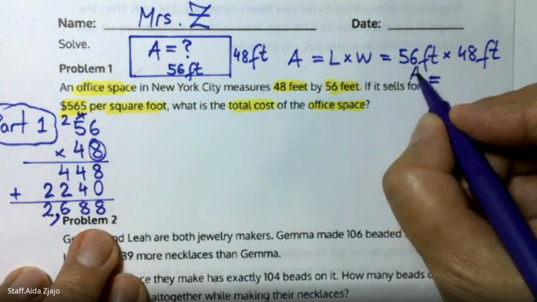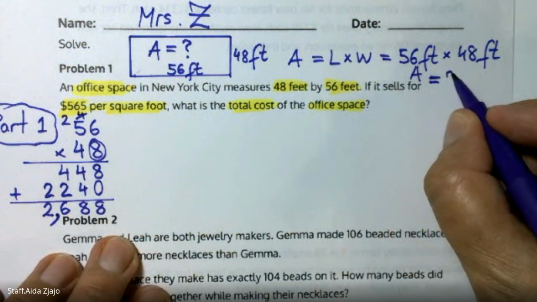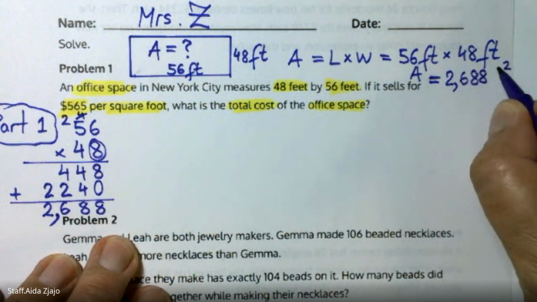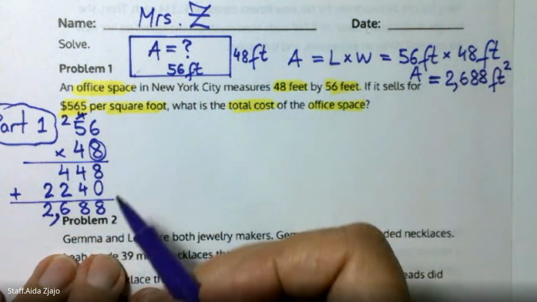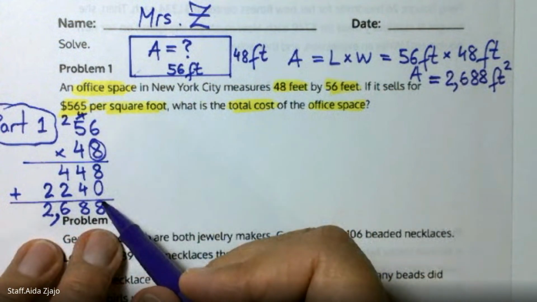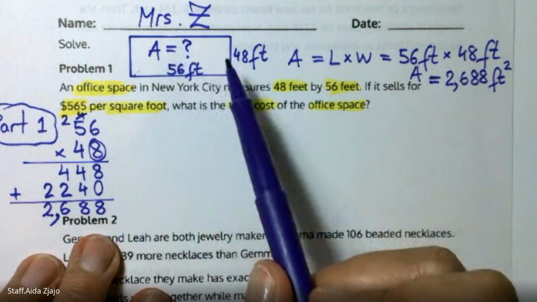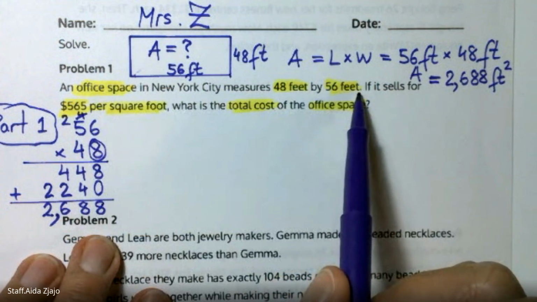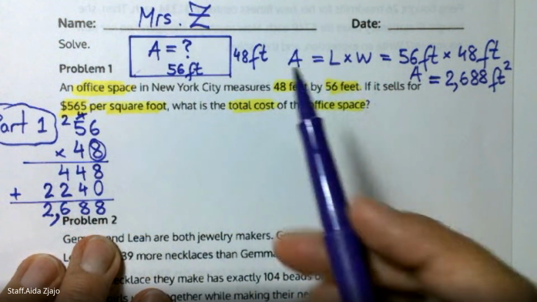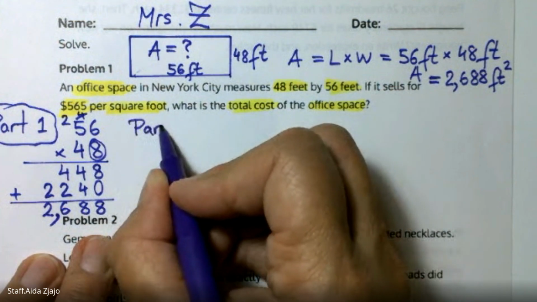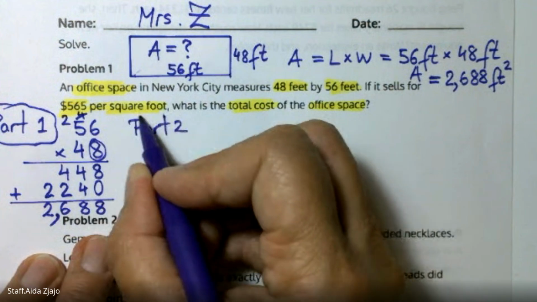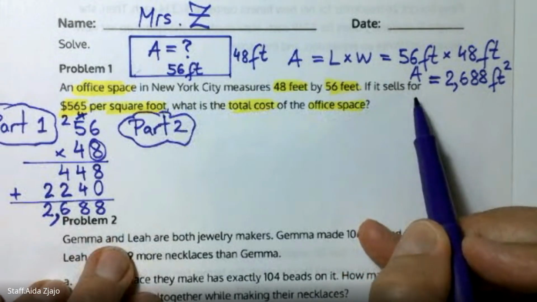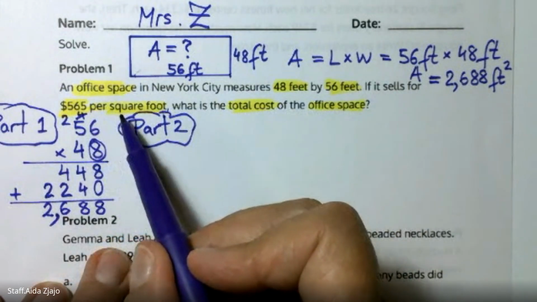So the area of the office is 2,688 square feet. That is part 1, to find the area of that office space, 48 times 56 feet.